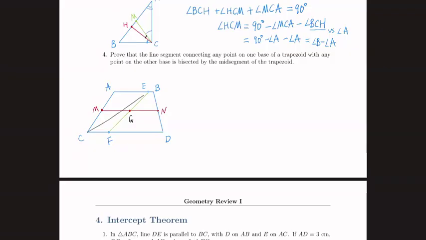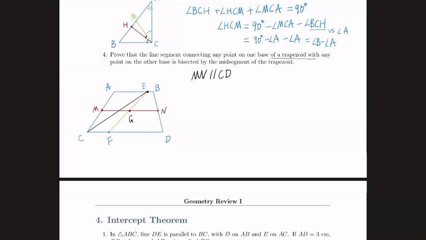C. We try to move this point a little bit forward on E. So by the midpoint theorem for the trapezoid, we know that MN is parallel to CD. MN is parallel to CD.